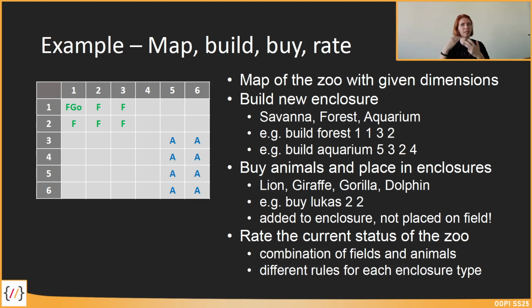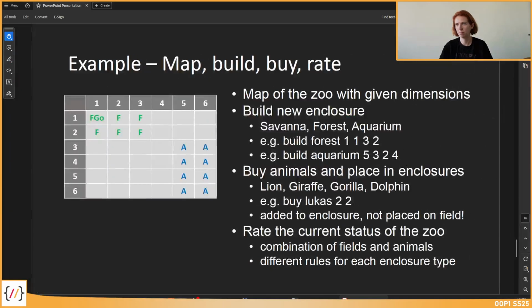And you can do this multiple times. You can do this after each building command or after each buy command, etc. So at any point in time, you can rate the current status of the zoo. So this is it for the example. Let's take a look at what this looks like in the actual program.